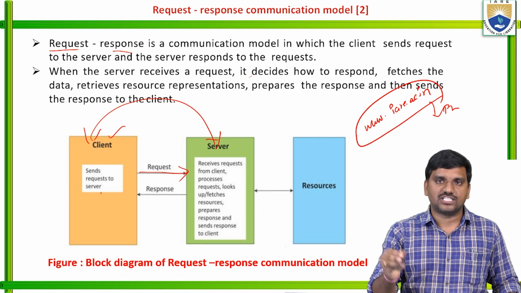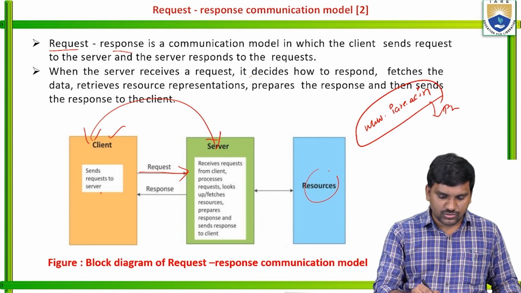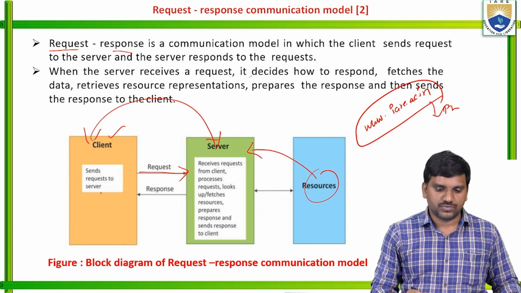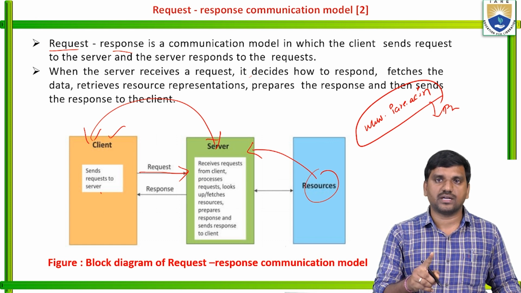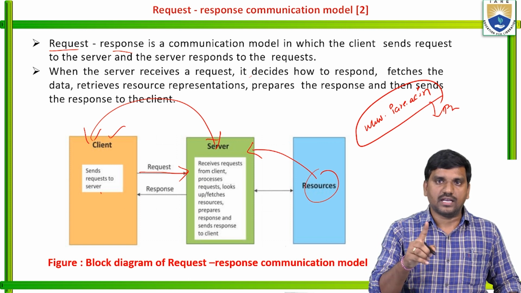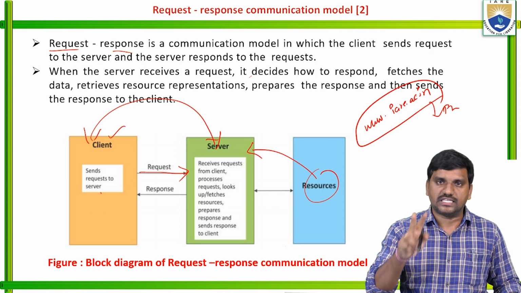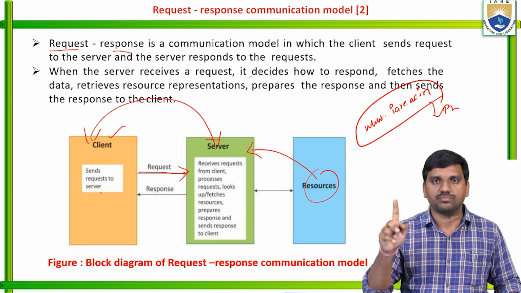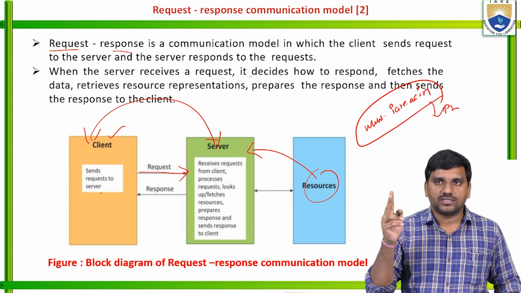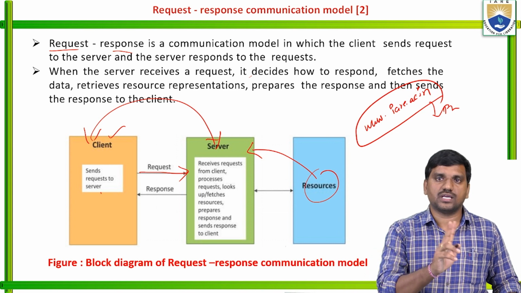The communication is going on only between client and server. The resources are fetched by the server. So this is the first type of communication model of IoT, request response. The communication is between two things: one is the client, the second is the server. The client sends the request, and the server sends the response back to the client.